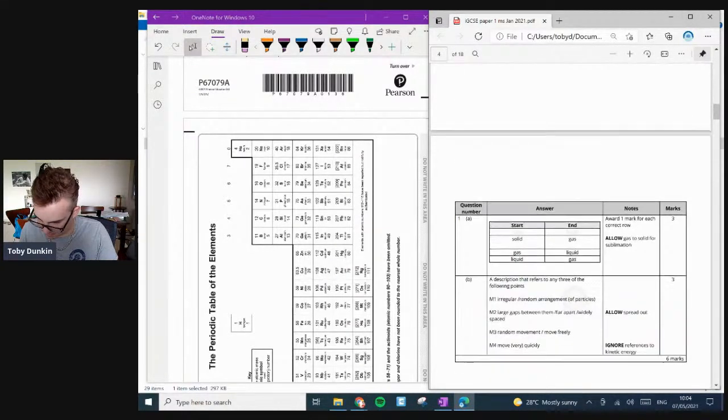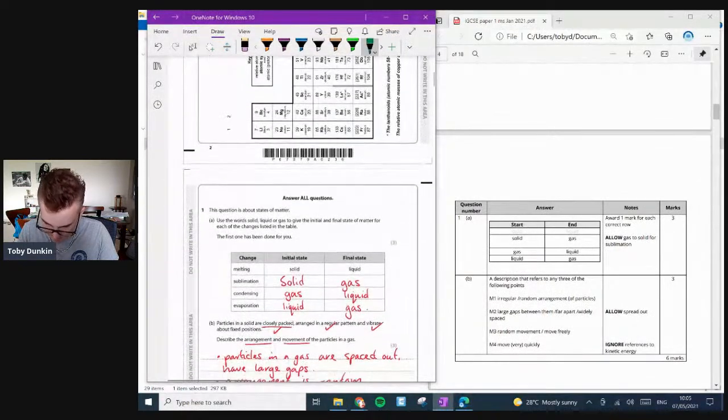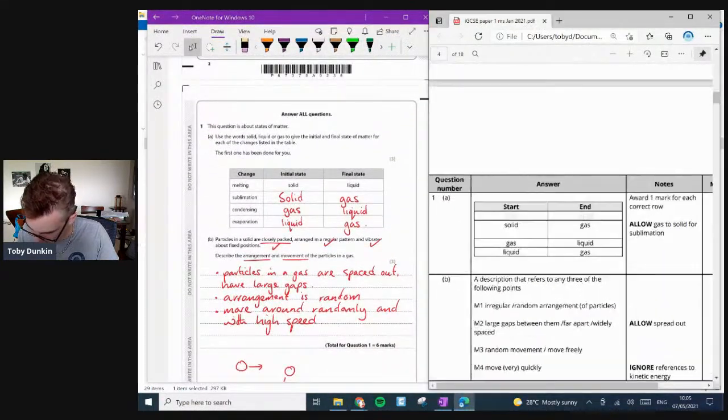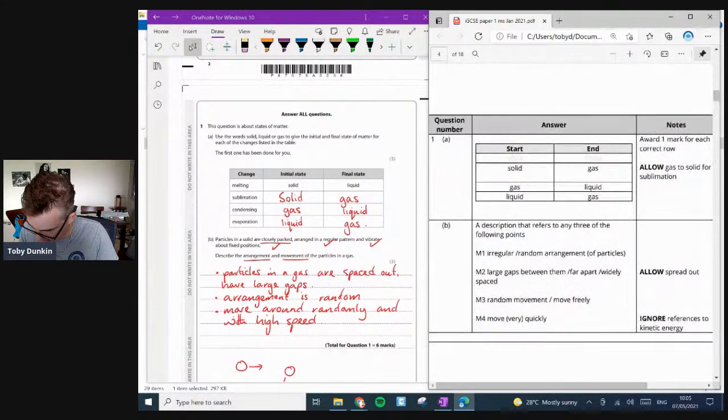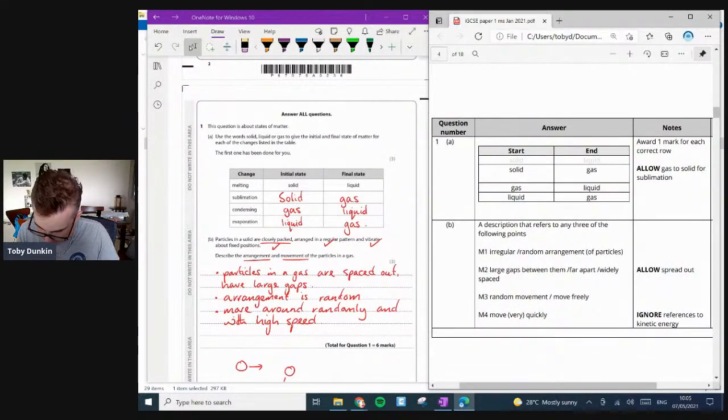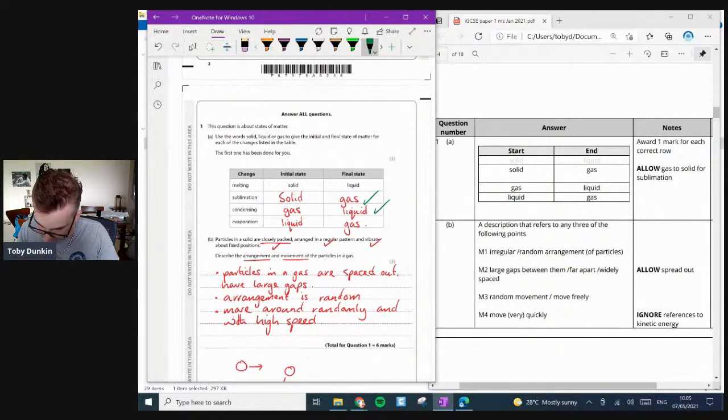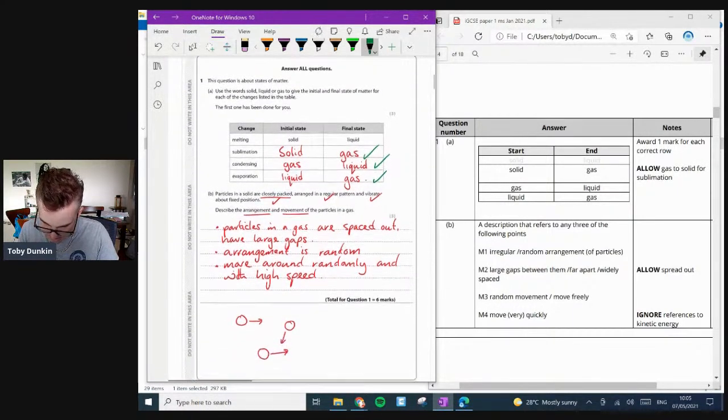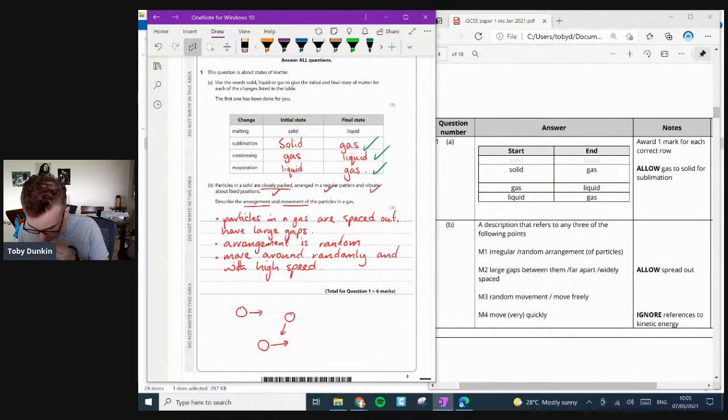Okay, let's go through it. I'll switch over to green. Okay, solid to gas, gas to liquid, liquid to gas. So description: irregular random arrangement. Large gaps between, spaced out.